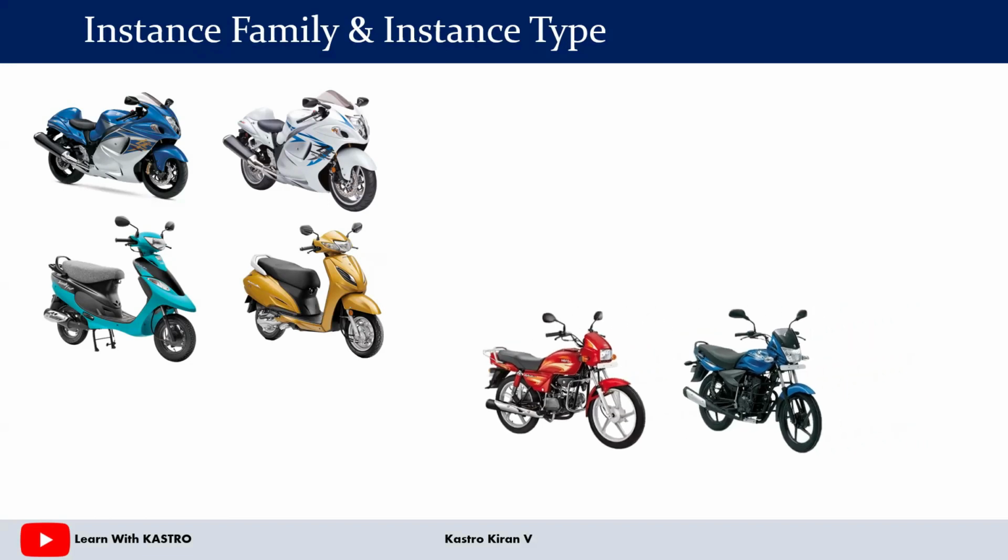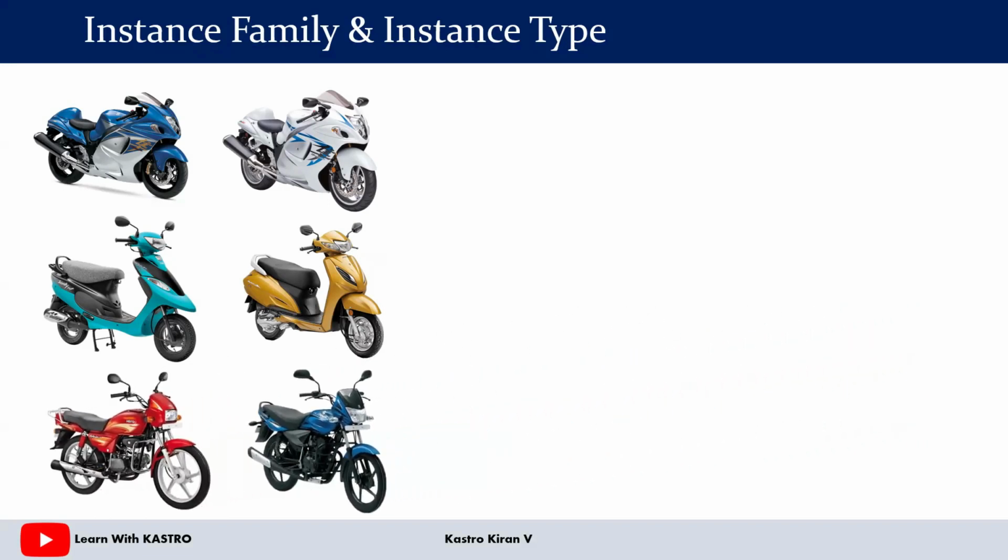And then come the last two bikes, where most of the employees or middle class people will be using these kinds of bikes. And what are the categories of all these things? All these are collectively called bikes only. But each type of bike has its own specific requirement and its own specific purpose.